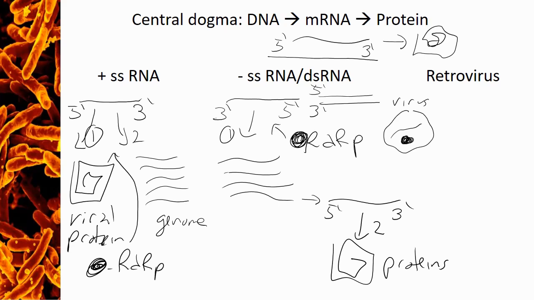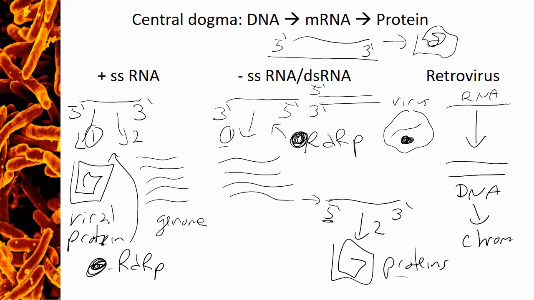In positive sense, the first thing that happens is translation, followed by replication, whereas in the negative sense or double-stranded, the first thing that happened was replication by the RDRP enzyme. The second step was then translation, because now we had a piece of RNA that was in the correct orientation to look like messenger RNA. Retroviruses are even different because they bring in RNA that is then converted to double-stranded DNA, which becomes part of the cell's chromosome.